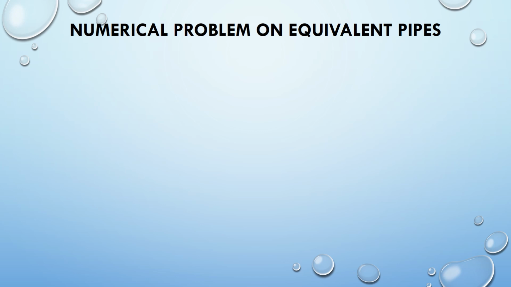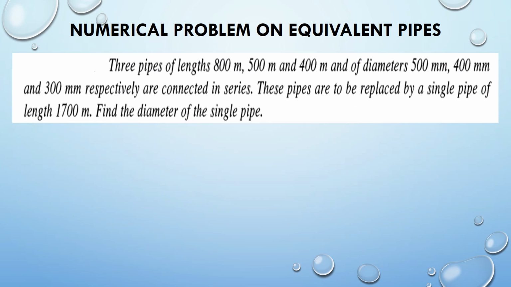Now let us look at a simple numerical problem on equivalent pipes. Three pipes of length 800 meter, 500 meter and 400 meter and diameters 500 mm, 400 mm and 300 mm respectively are connected in series. These pipes are to be replaced by a single pipe of length 1700 meter. Find the diameter of the single pipe. So this is an equivalent pipe problem.